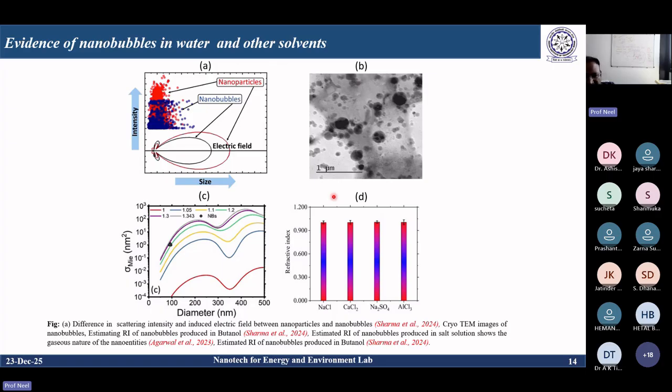We have developed a technique by which, using Mie scattering theory, we measured the scattering intensity of the bubbles, and based on the Mie scattering fittings, we estimated the refractive index, and we find that the bubble really has a refractive index of 1, right? That is the major thing actually.